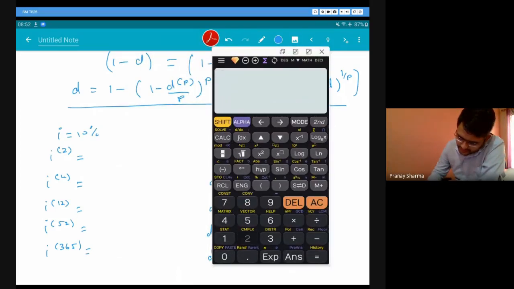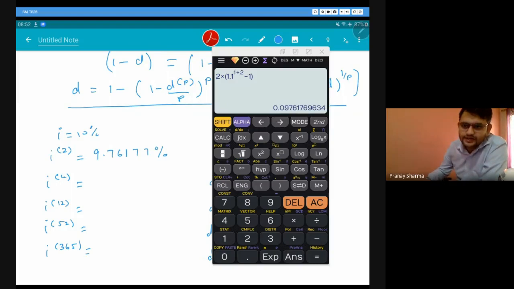For i2 we'll have 2 into bracket open, 1.1, that is our 1 plus i, raised to 1 by 2, minus 1. I will write this in percentage form. So I'll have 9.761769, so I'll just write it as 9.77%. Start doing it. I'll be back in 1 minute.